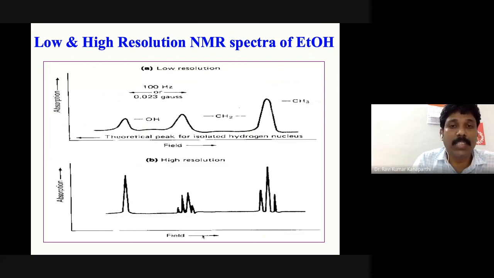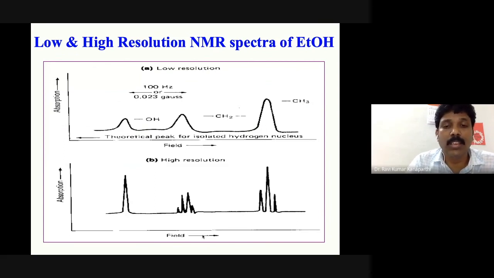Well, here is an example. These are the NMR spectra of the ethanol molecule. The upper one corresponds to a lower resolution NMR spectrometer. The lower one corresponds to a high resolution NMR spectrometer.